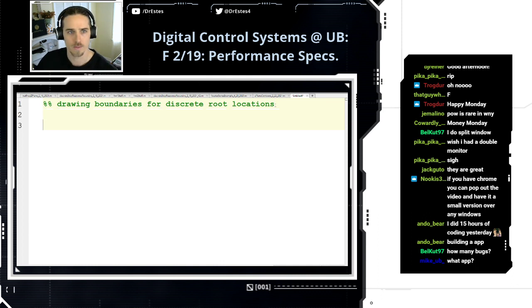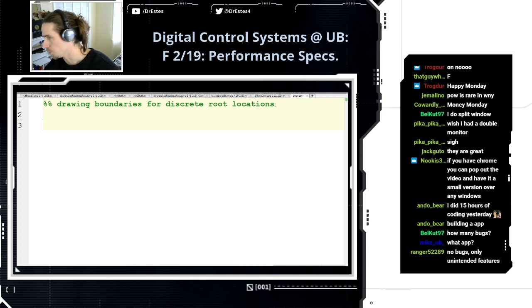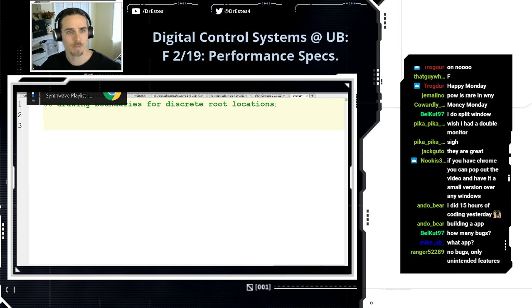There's one boundary that's obvious that we're going to start with, which is the stability boundary. We know that discrete time roots in the complex plane have to be within a distance of 1 of the origin. So they have to exist within the unit circle.